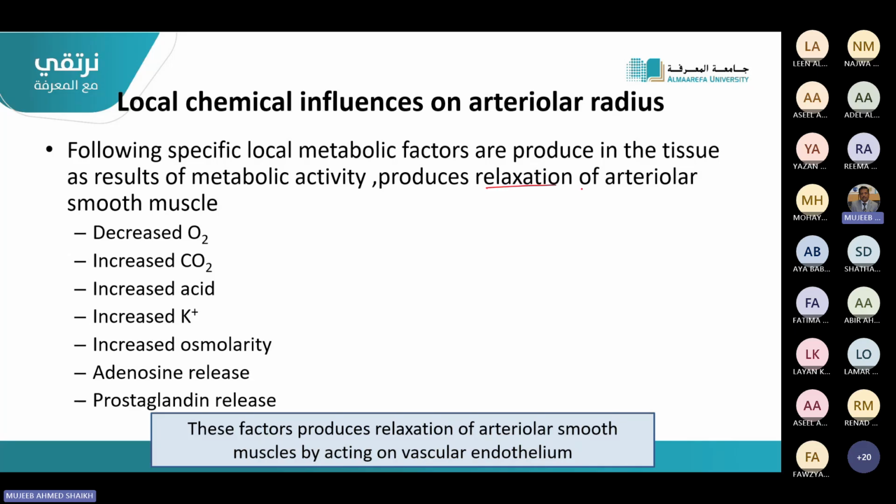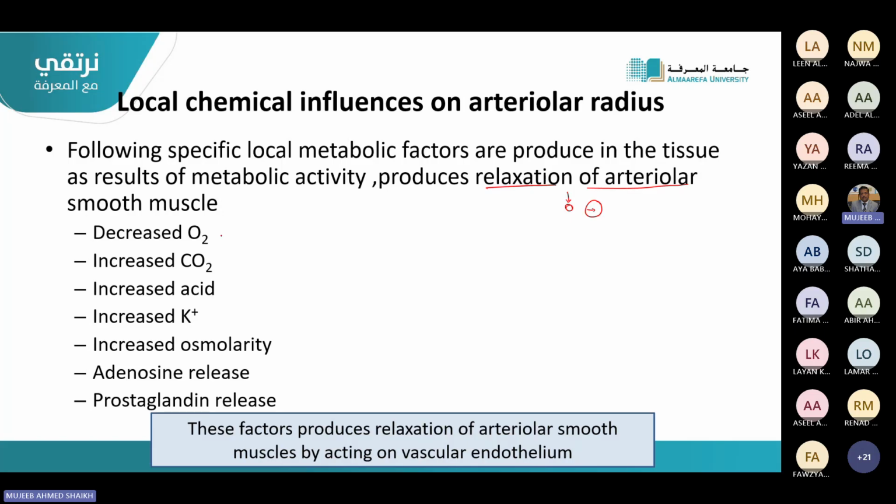They cause relaxation of the smooth muscle. If the smooth muscle relaxes, what will happen to the size of the vessel? Increase or decrease? Increase. Yes, it will cause an increase in the diameter of the vessel.